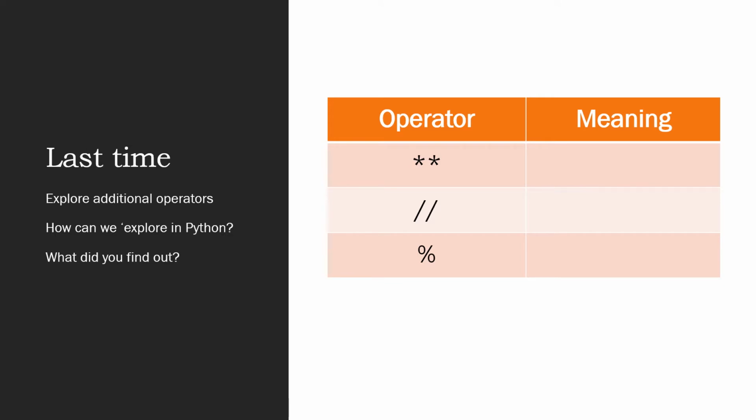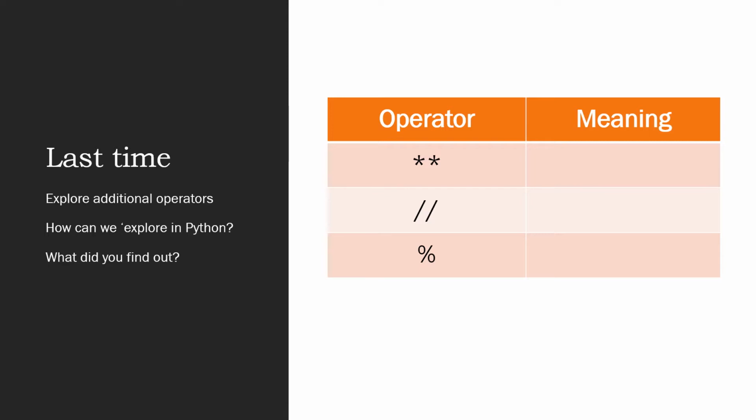So last time I asked you to explore 3 additional operators: the double star, the double division sign and the percent sign. There's a couple of things I want to talk about here. First is, if I say explore something, it might be helpful for me to tell you what I'm imagining that you will do. What I would do if I was asked to explore what something meant would be to try it out.